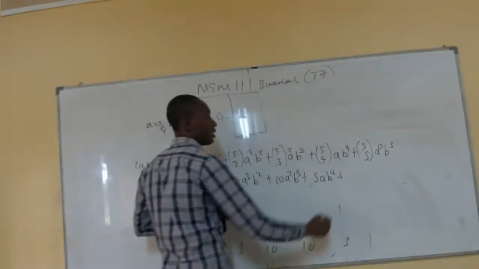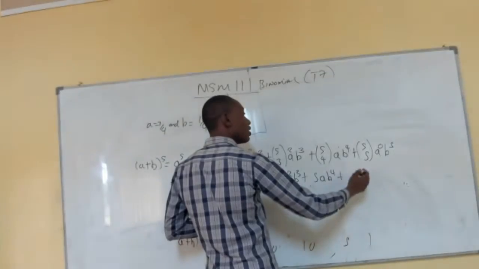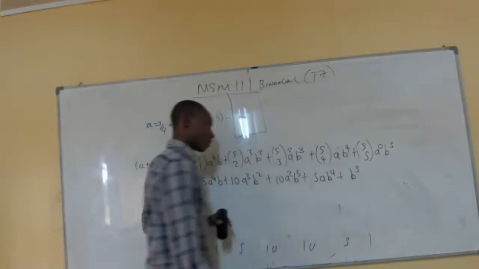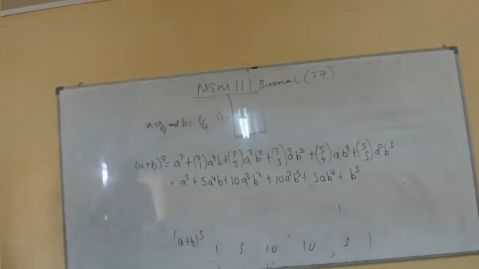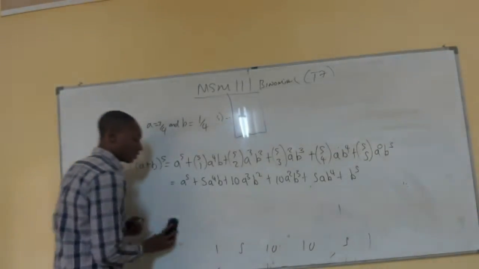Then the last one is 1, so it's b to the power 5. Okay, the last one is b to the power 5.